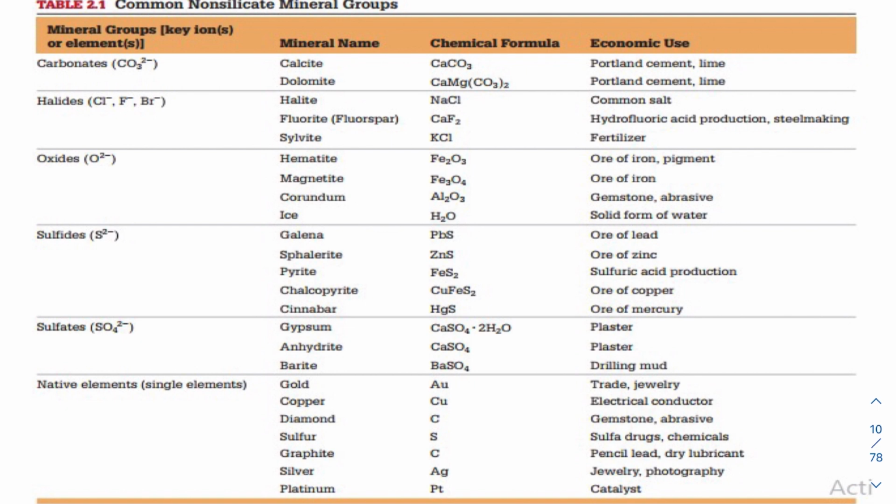These are used for aesthetic purposes. But copper, we know, for electrical conductivity; sulfur for chemicals; graphite for the lead in your pencil, a dry lubricant, since it is talc-like and smooth in appearance. Silver, and platinum is used as a catalyst.